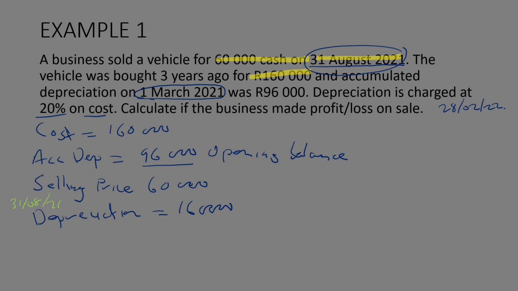That will be 160 times 20% times March, April, May, June, July, August, 6/12, which will give you 16,000.